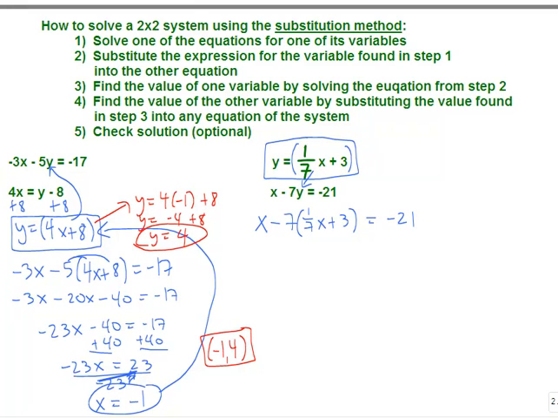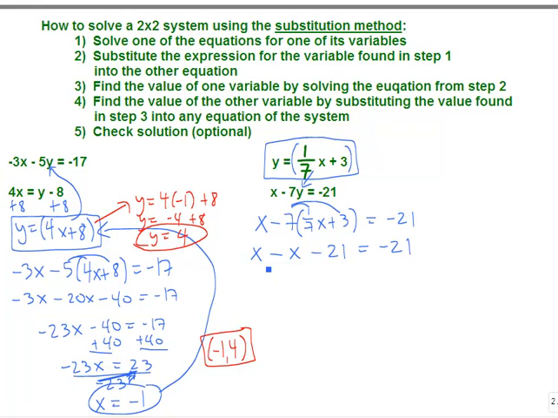So now we have a new equation with only one variable x. Now to solve, we're going to want to distribute our negative 7 across, so we'll get x minus 7 times 1/7. Those two 7's cancel out, so this is just going to be a minus 1x or minus x. Negative 7 times positive 3 is negative 21.